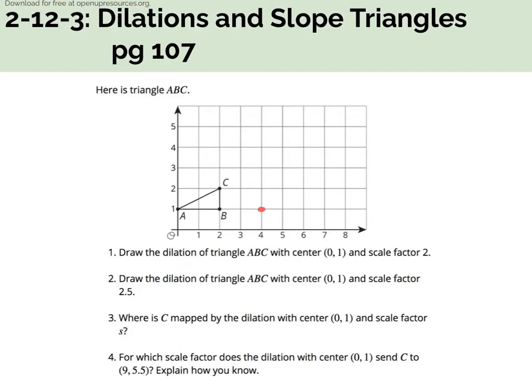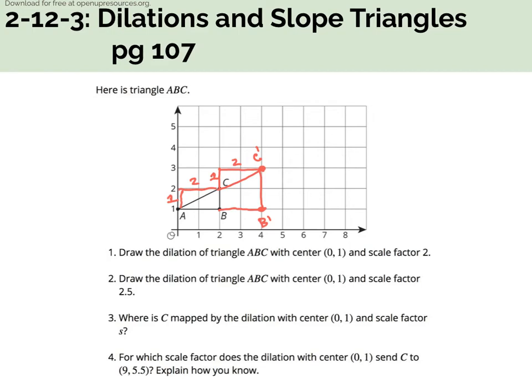B prime is going to be here. C is a little bit different. Notice how I went up 1 and then over 2. Let's do that one more time because I need 2 of them. So up 1 and then over 2. And then C prime is going to be here. So this will be my new triangle.